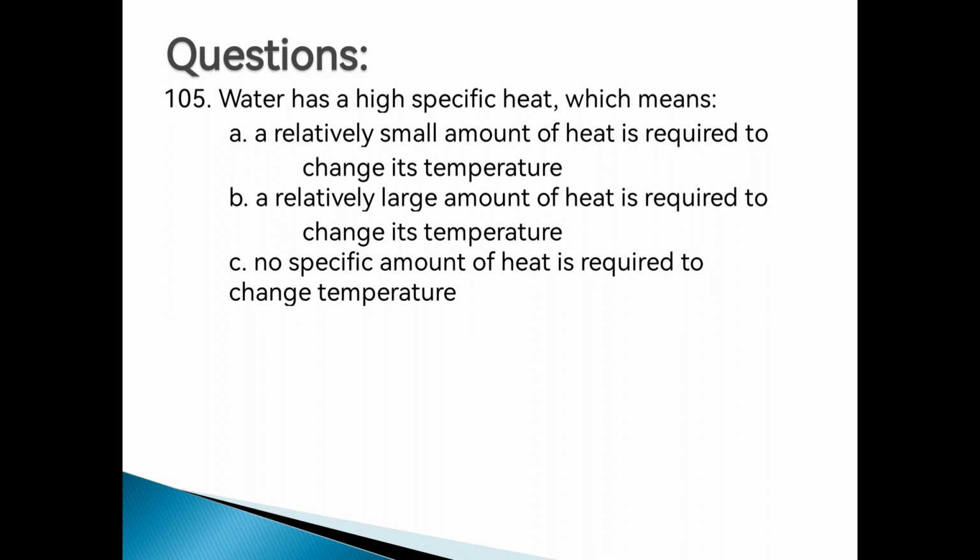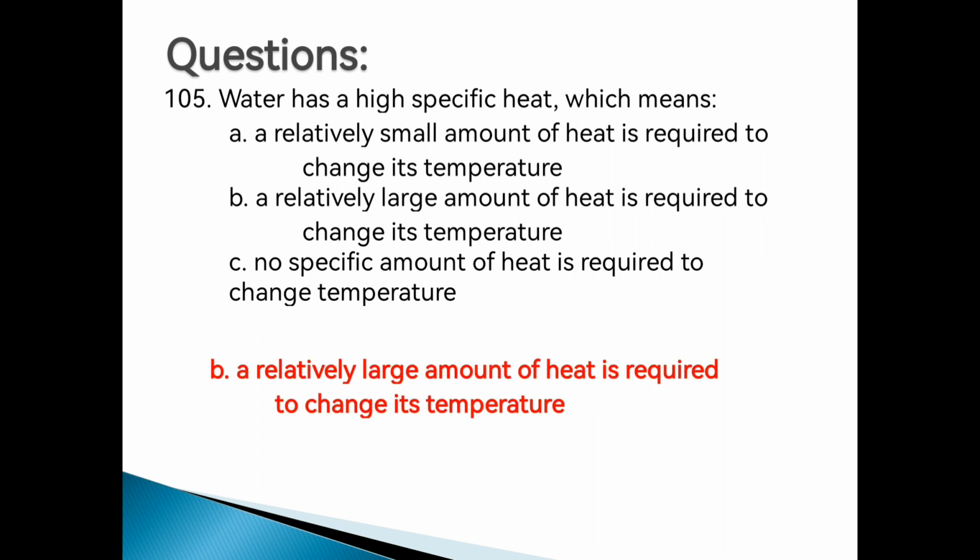Water has a high specific heat, which means A. a relatively small amount of heat is required to change its temperature, B. a relatively large amount of heat is required to change its temperature, C. no specific amount of heat is required to change temperature. The correct answer is B. A relatively large amount of heat is required to change its temperature.